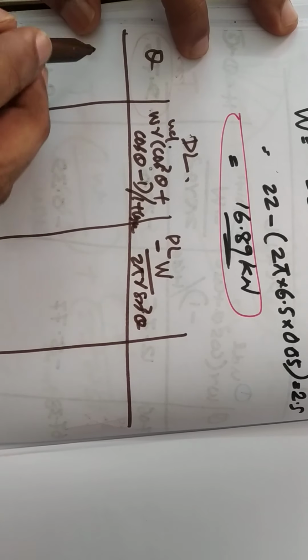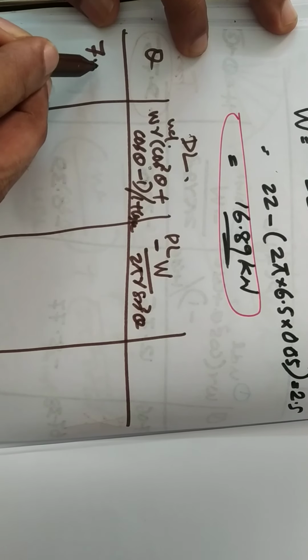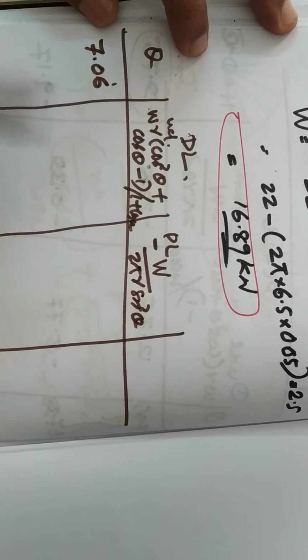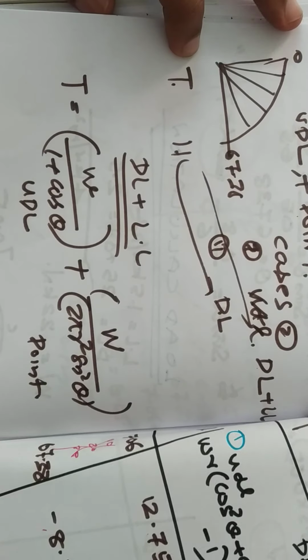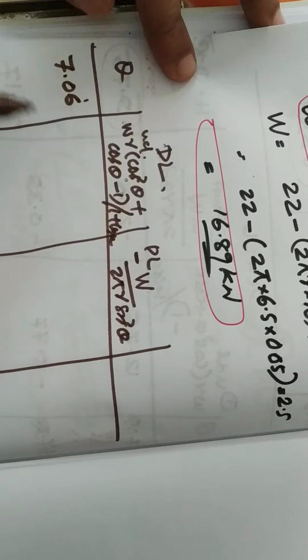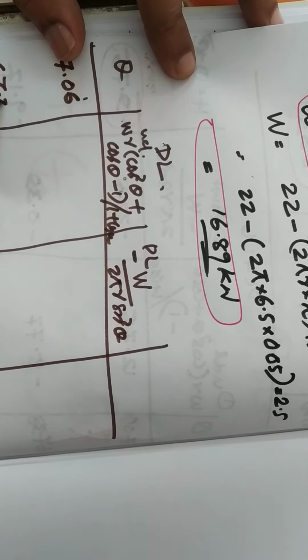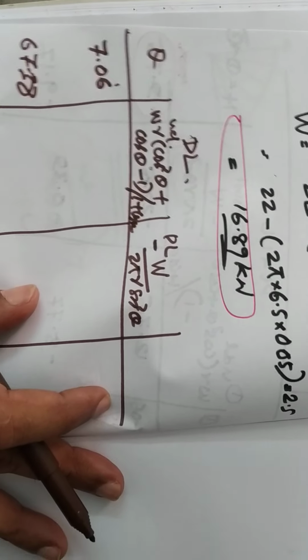This is the case. So you should calculate for 7.06 degree and 67.38 degree. For these two you should calculate.